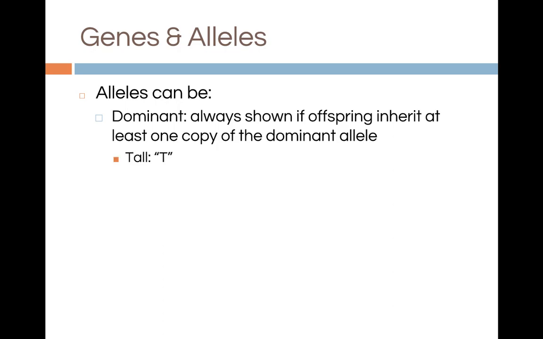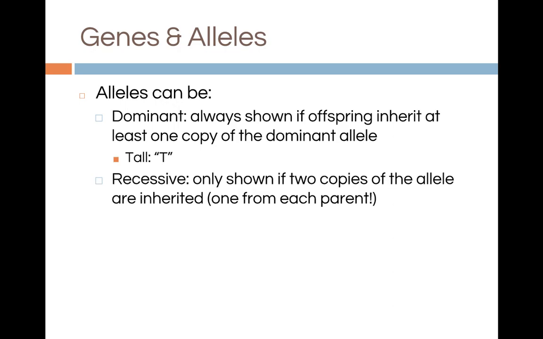So let's say the trait is being tall. If you inherit one copy, either mom or dad gives you the copy of the tall allele, you're going to be tall. On the other hand, the recessive trait is only ever shown if you inherit two copies of that recessive allele. And that means mom had to give you a copy and dad had to give you a copy.